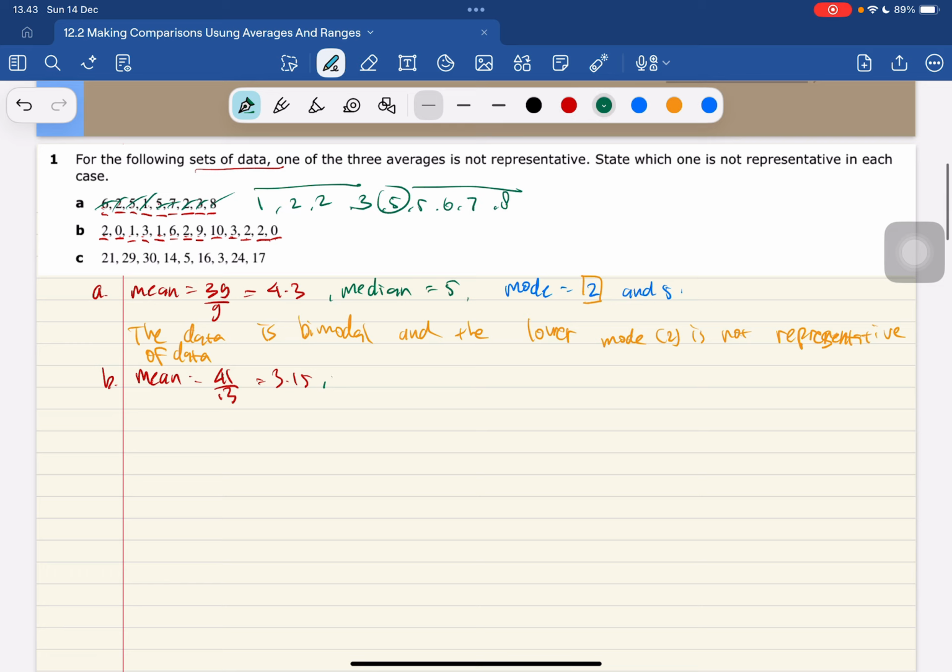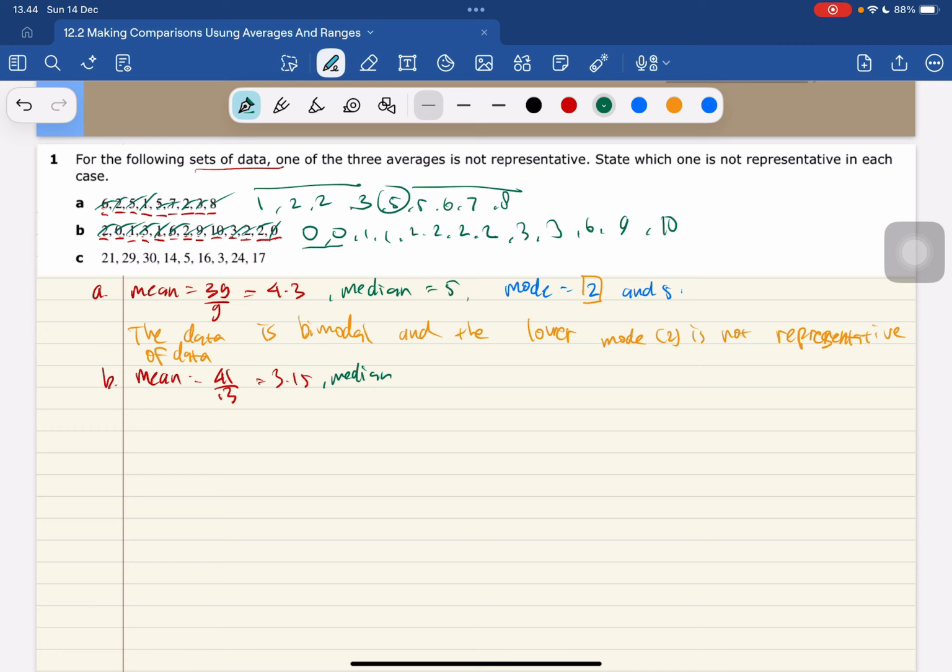So let us find the median. Make it in order. Okay, we got 0, 0 again, and continue to 1, 1, 2 times, then 2, 2, 2, 2, 3, 3, 2 times, 6, 9, and 10.